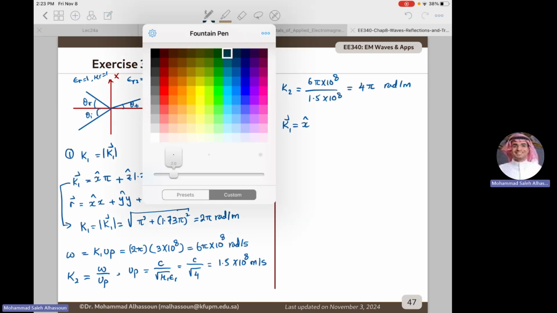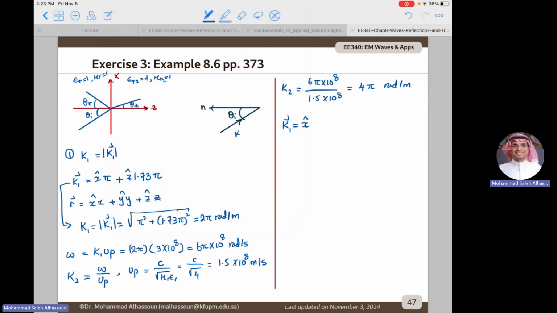The x component is the magnitude of this vector, which is k1, multiplied by the x component. The normal is z, and x is this one. It's simply k1 sine theta I for x, plus z times k1 cosine of theta I, the z component.